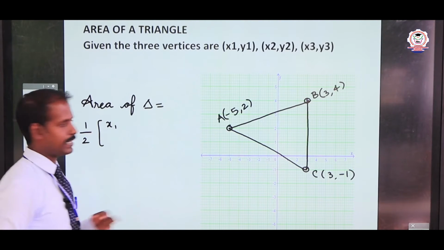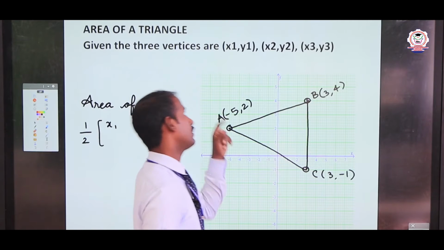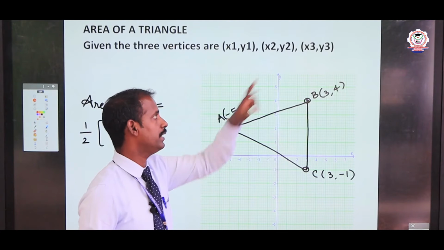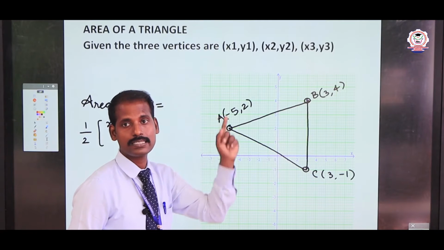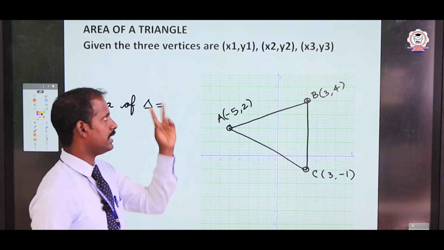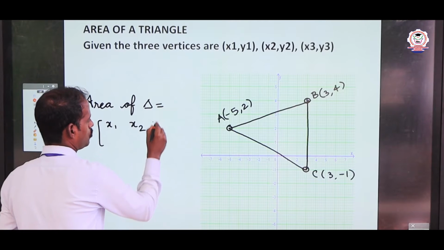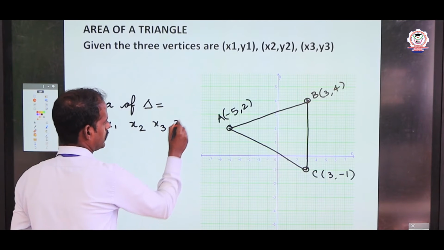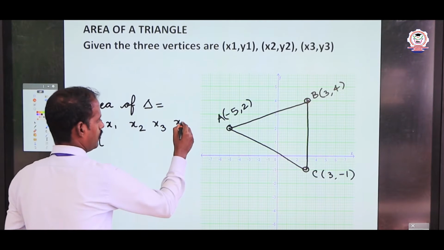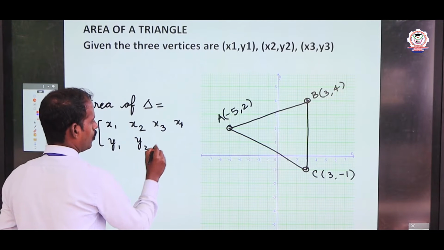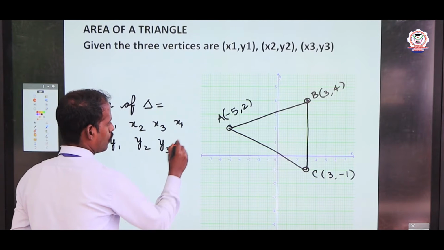So here 3 vertices, A vertex is x1 y1, B vertex is x2 y2 and C vertex is x3 y3. The 3 vertices we can write x1, x2, x3, x1. Okay, next y1, y2, y3, y1.